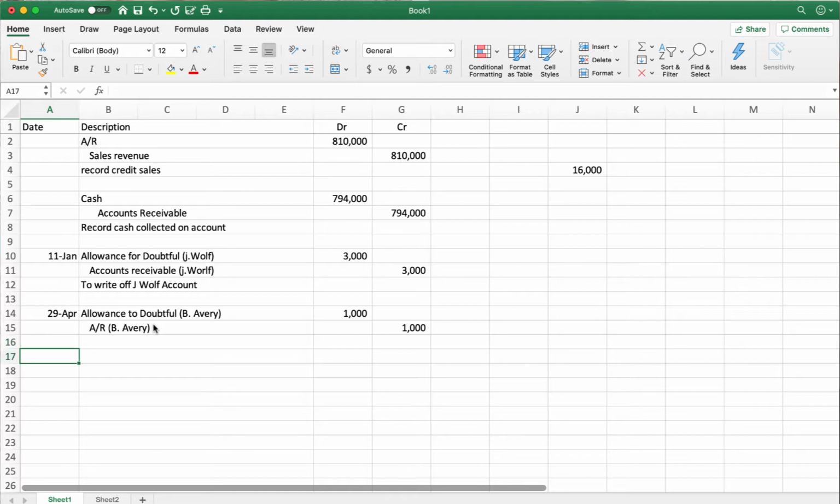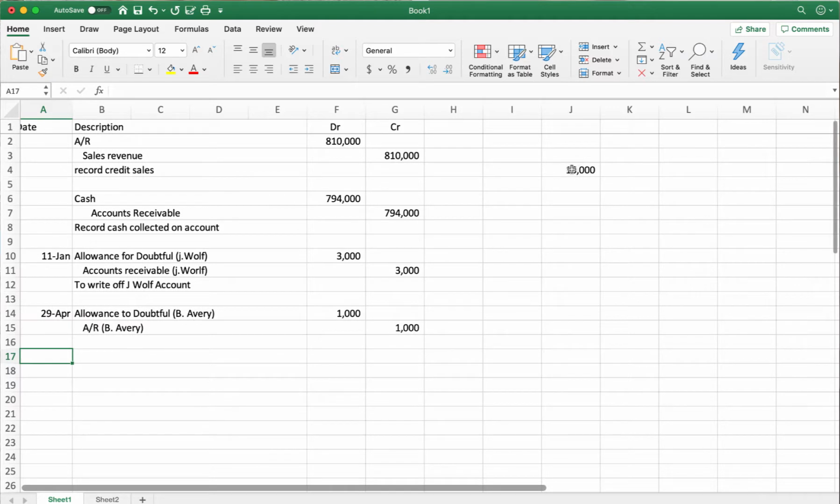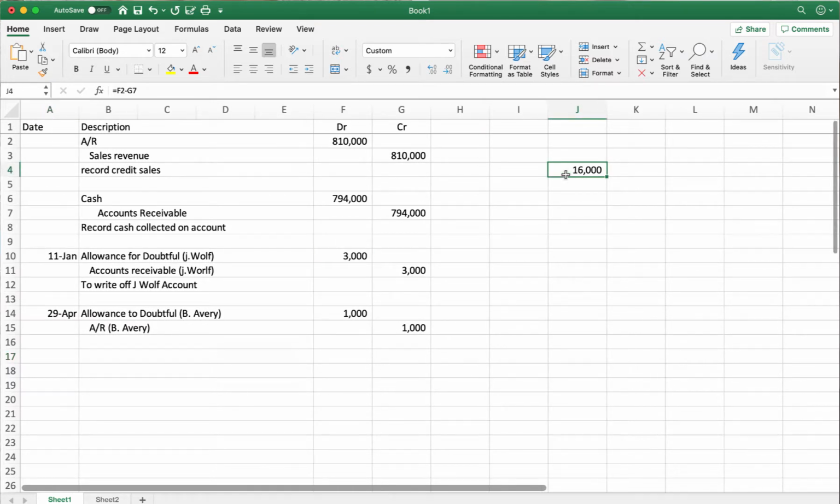On the 15th of November, received $1,000 from B. Avery to pay a debt that had been written off on April 29th. This amount is not included in the $794,000 collections. Okay? So, we acknowledge that we had $16,000 worth of receivables.